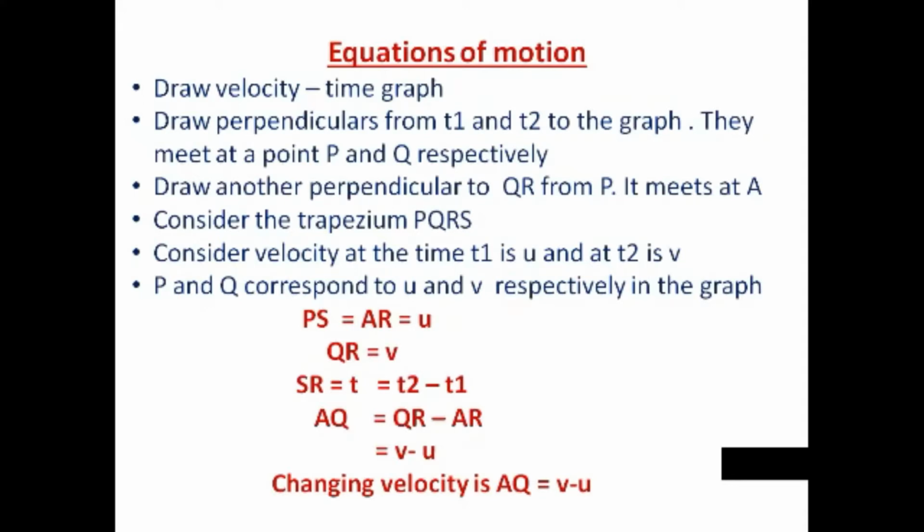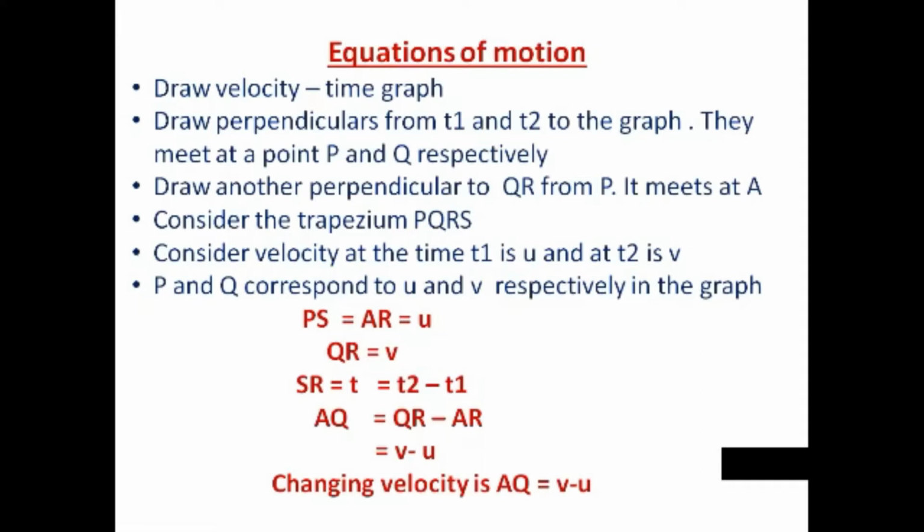The two perpendiculars P and Q correspond to U and V. And from the trapezium, we write PS is equal to AR. PS is one side of the trapezium and AR is the opposite side of that trapezium. So PS is equal to AR, which is equal to U.